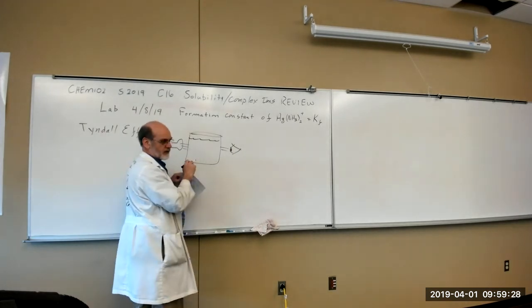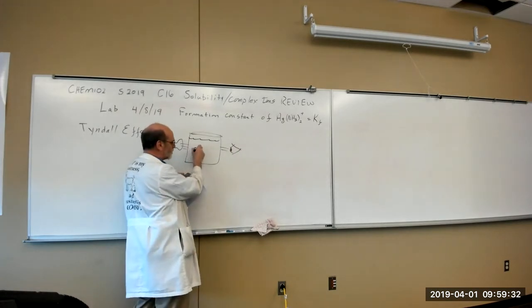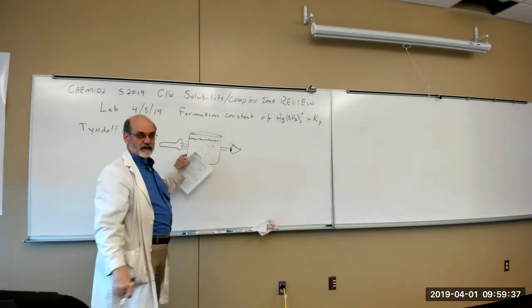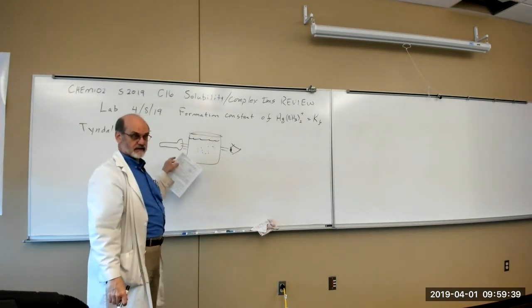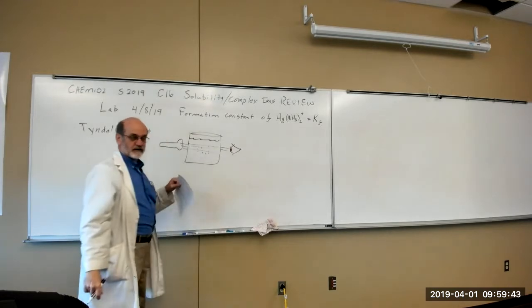But if you have a suspension, then you've got very fine, very small particles in there. They're going to diffract the beam, and you're going to be able to see it. That's the Tyndall effect.